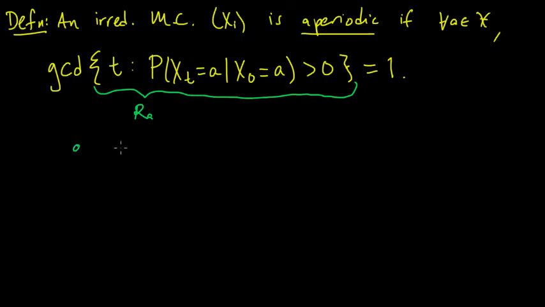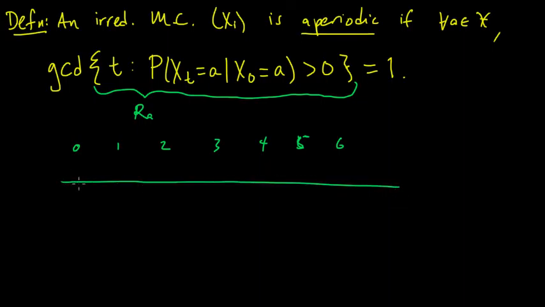So let's say this is time 0, 1, 2, 3, 4, 5, etc. These are all times. And let's put a dot wherever we can get there with positive probability. So maybe we can't at 1, but then 2, 3, 4, not 4, and then 5, maybe 7, and so on. So these are all the times in this set RA.